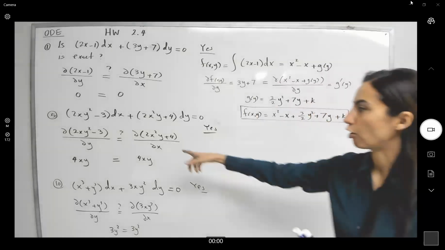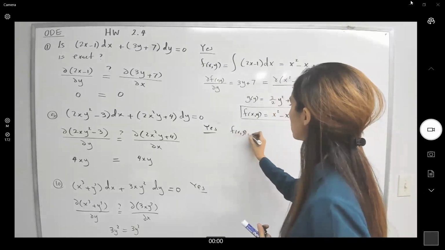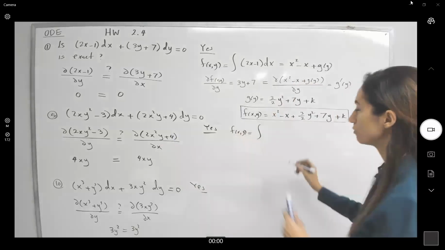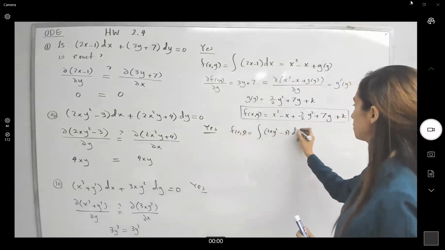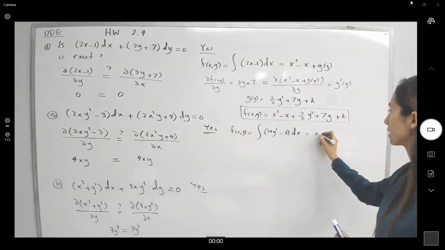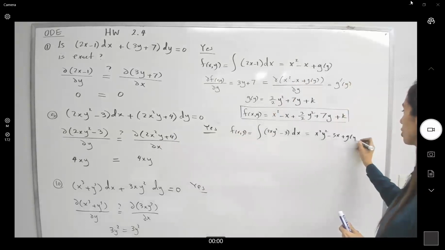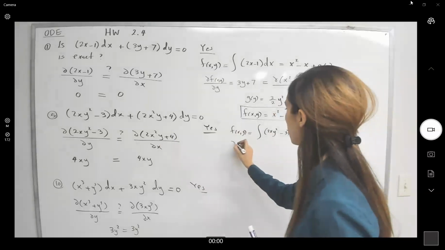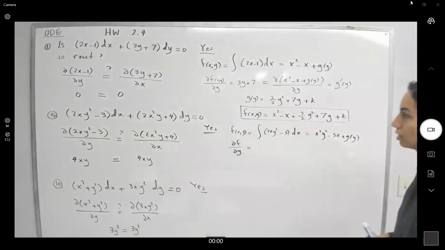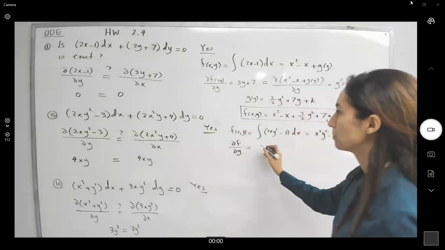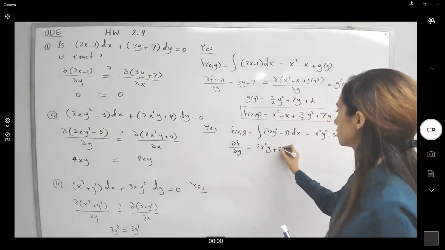What about number 5? Our function f of x and y is equal to the integral of (2xy squared minus 3) dx, which is x squared y squared minus 3x plus a function in y. Now the partial derivative of f with respect to y is equal to N, which is 2x squared y plus 4.